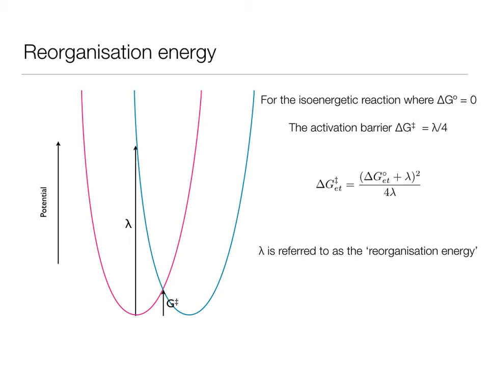And the overall activation barrier is related to the energy of this transition, because it's 1/4 of this value lambda, and lambda is normally referred to as the reorganization energy.